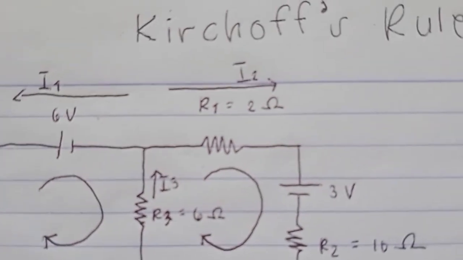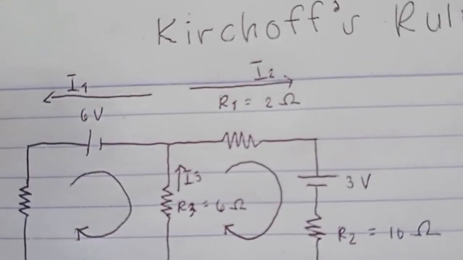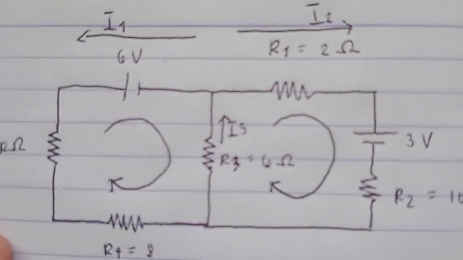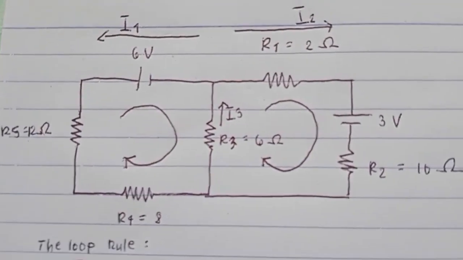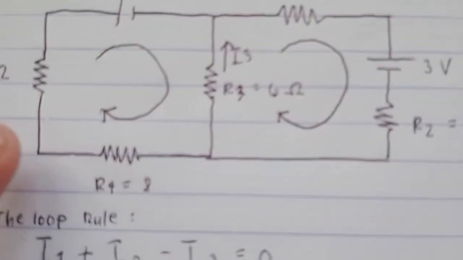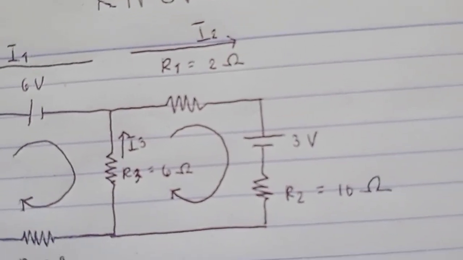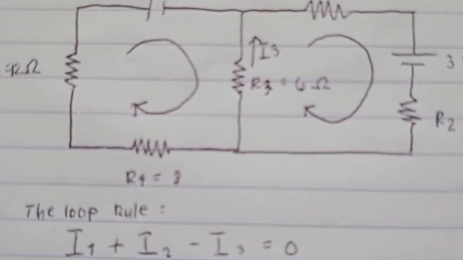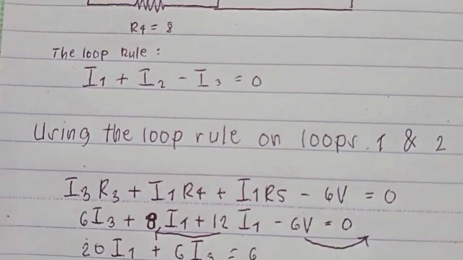So our current is going clockwise, and our I1 is going opposite to our current. So anything that meets the current head-on would be positive. So we have I1R4 positive because I1 once again is going against our electric current.